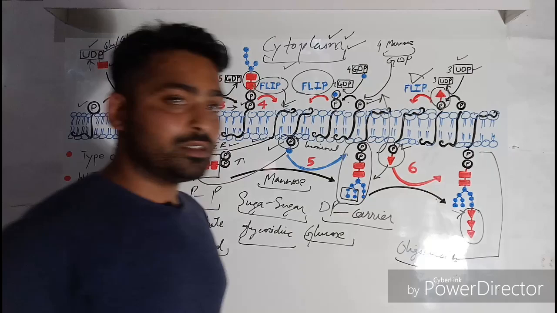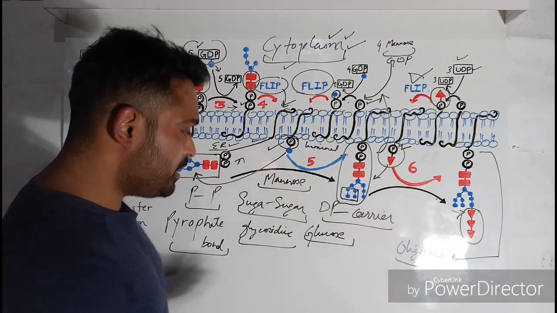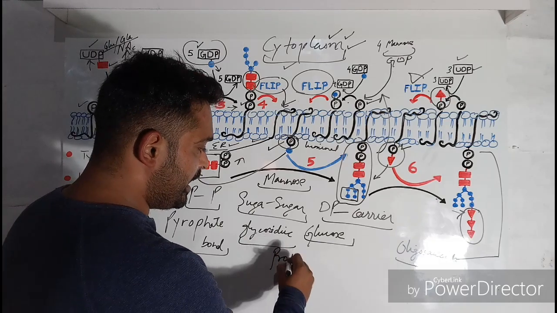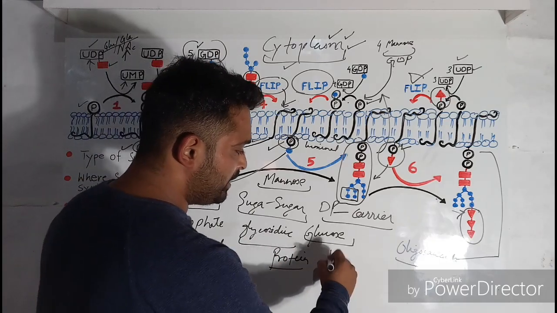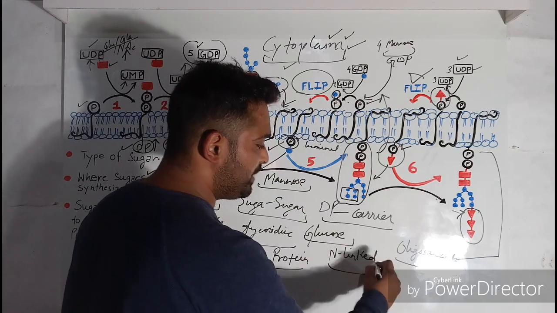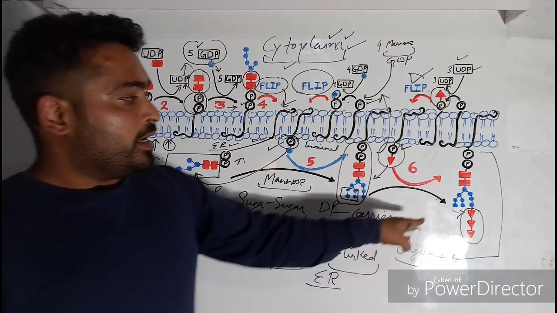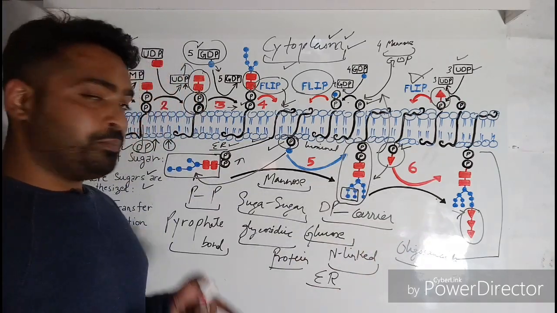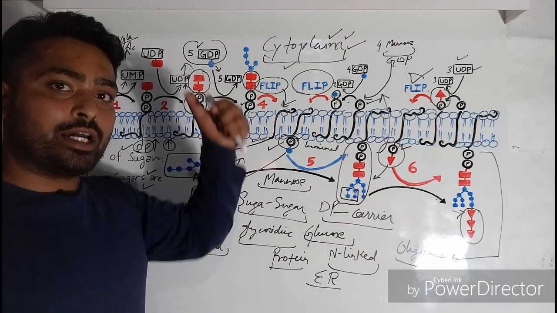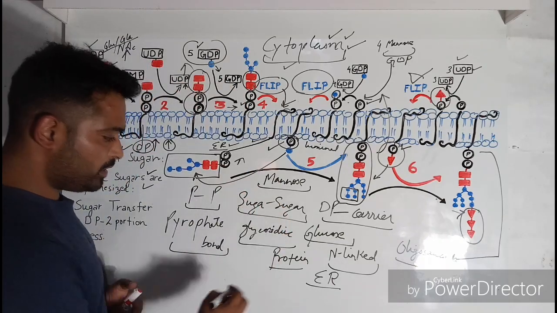Now it is the turn to transfer this completely formed chain to the protein, and we are talking here about N-linked glycosylation which is happening in ER. Okay, when it is transferred to the protein which is now in the ER lumen, what happens next?